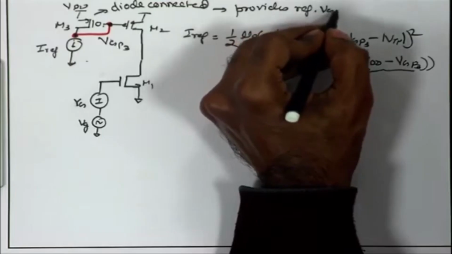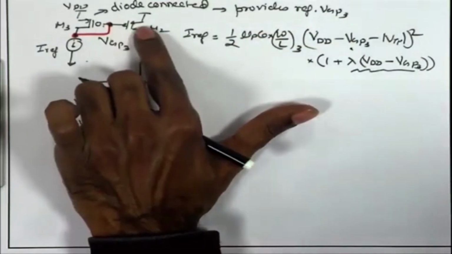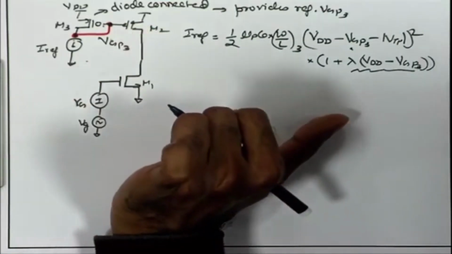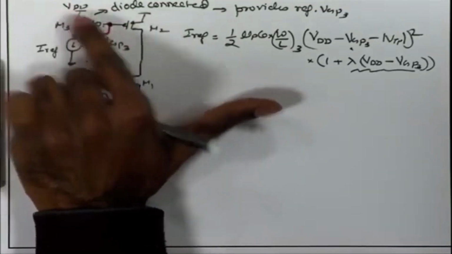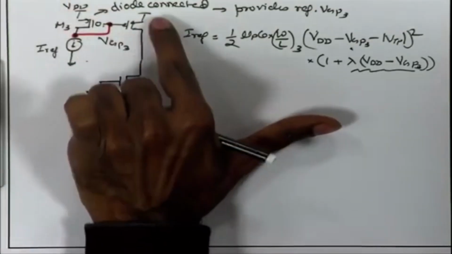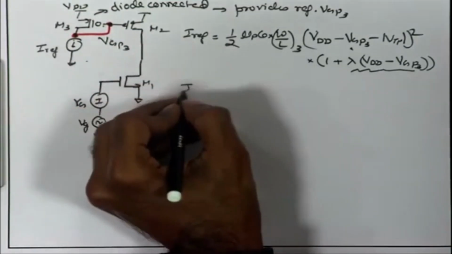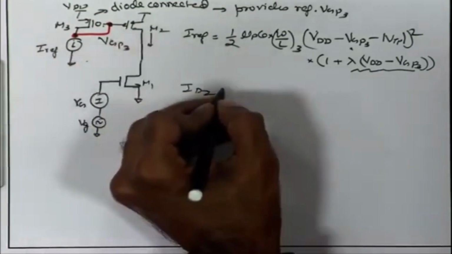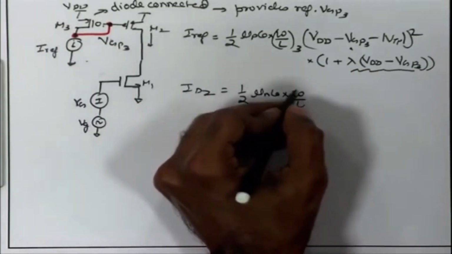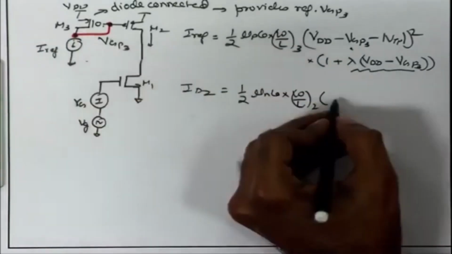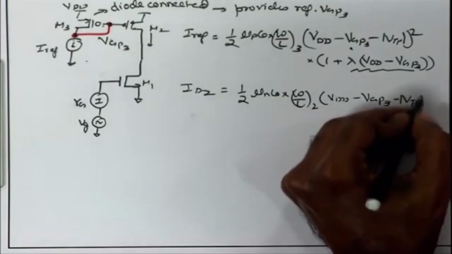It is developing a reference voltage which is now applied to the gate of M2, and since M3 and M2 have the same source, same gate, once again for M2, if I ignore channel length modulation, I can say the ID2 in M2 is once again going to be 1 upon 2 mu Cox W by L2, same equation, VDD minus VGP3, which is common, and Vtp square.